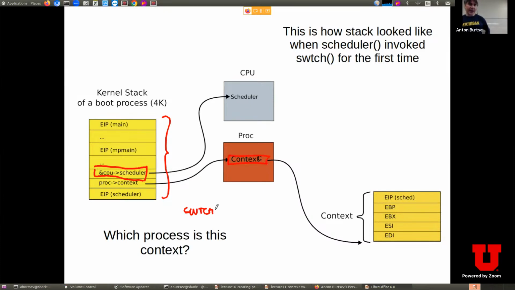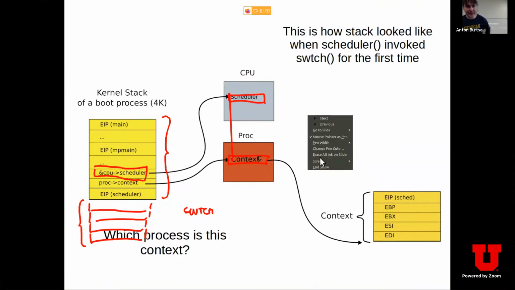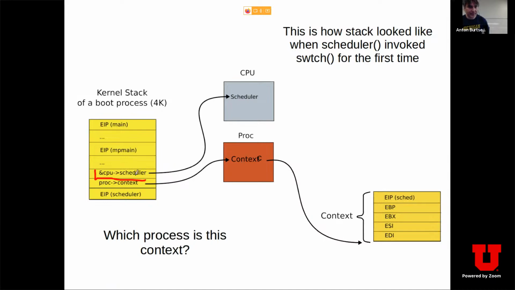So the switch itself will add these four additional registers, which are callee saved registers, and will update. Oh, sorry, not this one. Pointer to this one. Sorry, let me just erase everything. So this one is a pointer to the context field inside the scheduler, right?